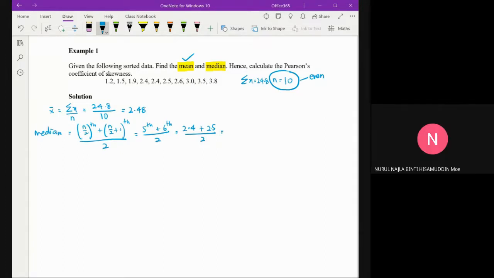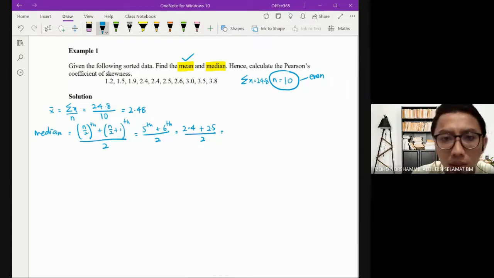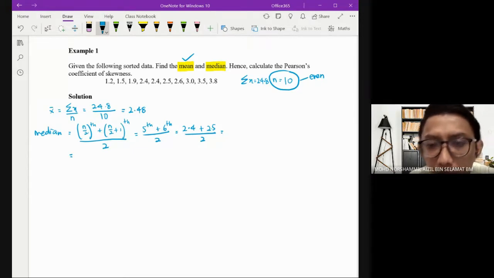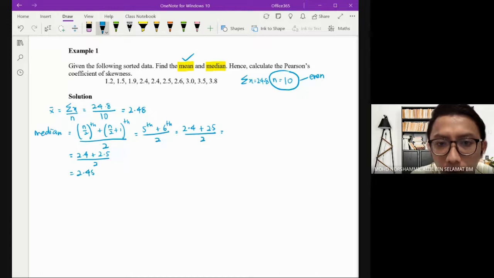Give me a second, I want to continue below, because I want to show another part on our right-hand side later. So divided by 2, the answer is 2.45. Okay, thank you, Najla. Thank you very much.